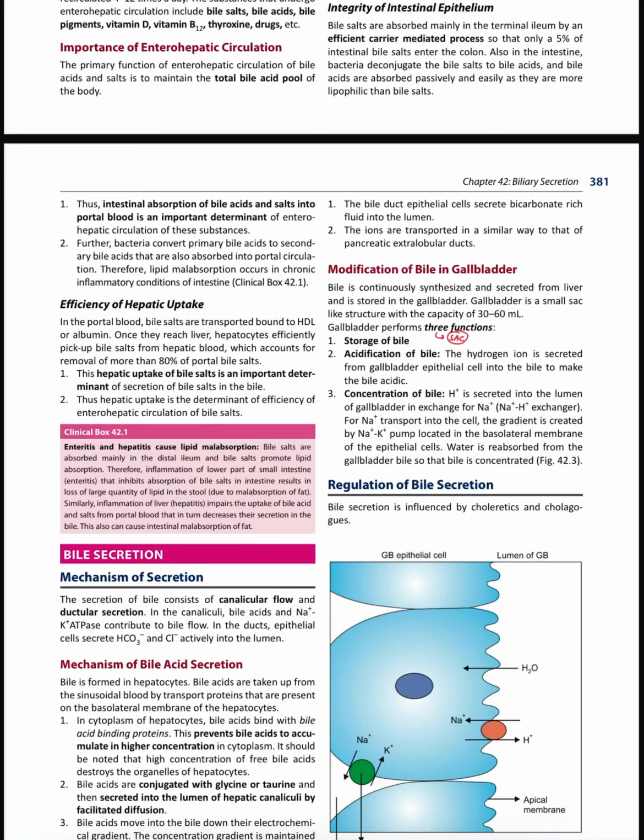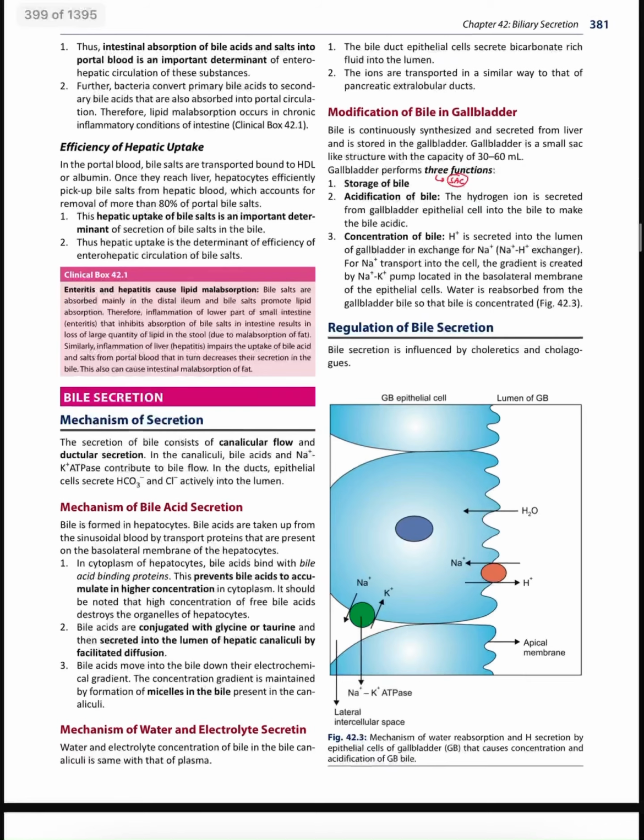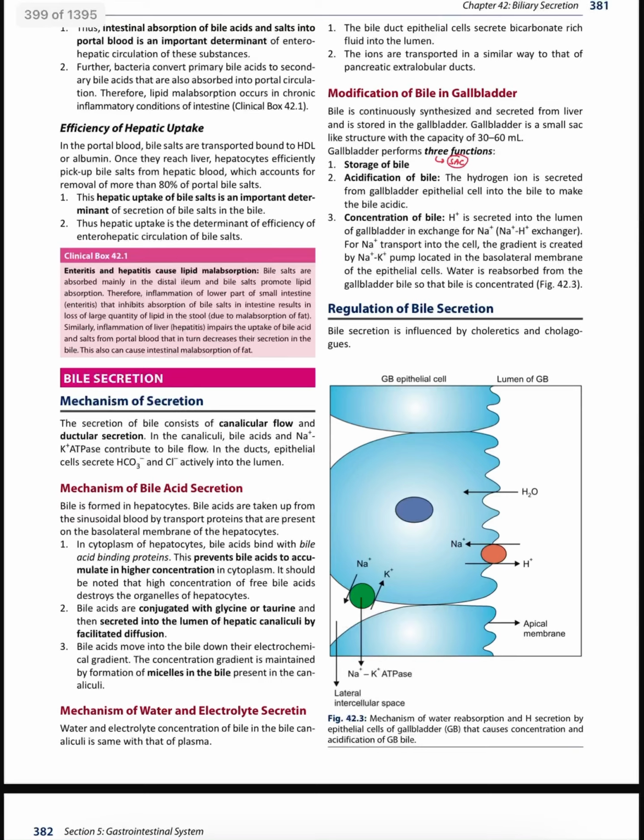For sodium transport into the cell, the gradient is created by sodium potassium pump located in the basolateral membrane of the epithelial cell. Water is reabsorbed from the gallbladder. Bile is concentrated. Look at figure 42.3. H2O is taken up by the cells from the lumen of the gallbladder, and sodium is also taken up with excretion of H positive.